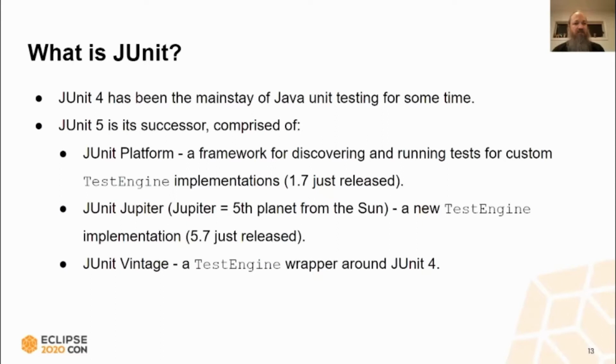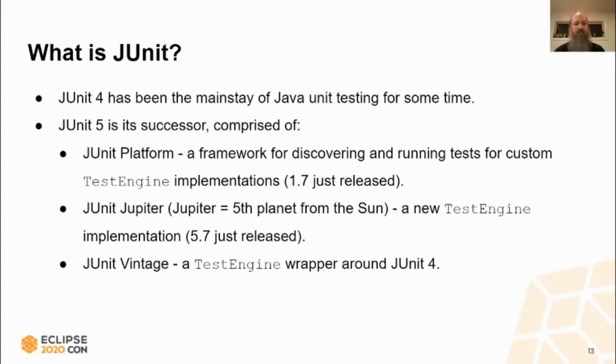JUnit 5 is a successor, which is comprised of the overall test running architecture abstraction, the JUnit platform, which is able to discover test engines and run them. So you can actually have multiple different types of test engine in your test, and you can combine them using the JUnit platform.